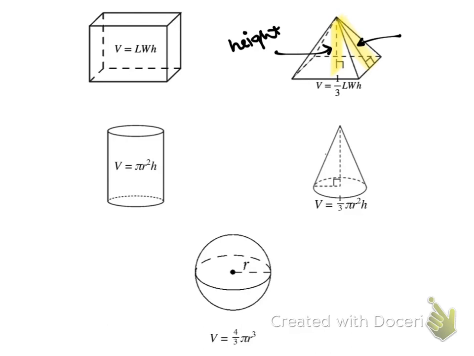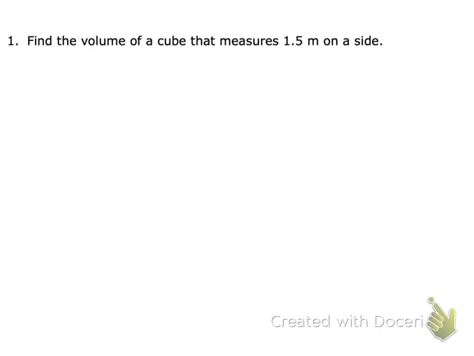The distance down the side of the face, that's the slant height. A cylinder would be pi r squared h, so basically the area of the base times the height. Cone would be 1/3 pi r squared h, and then sphere is 4/3 pi r cubed. I recommend you write these formulas on your note card.